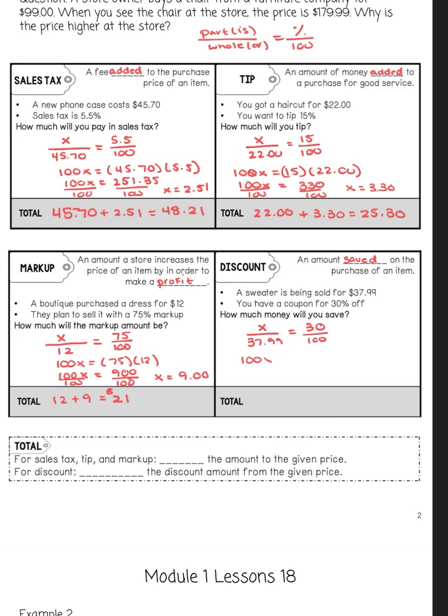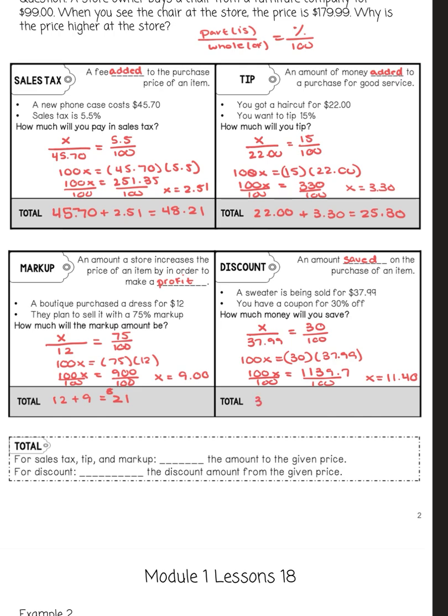So we have 100x is equal to 30 times $39.99, and we get 100x is equal to $1,139.70. Divide both sides by 100, and we get that x is equal to $11.40, because we're going to go ahead and round up.